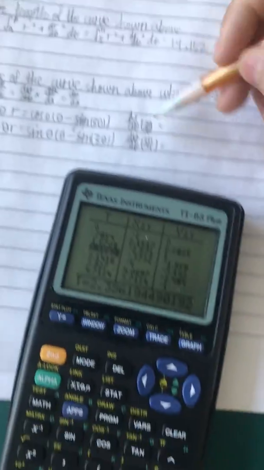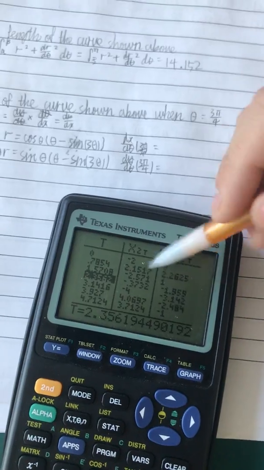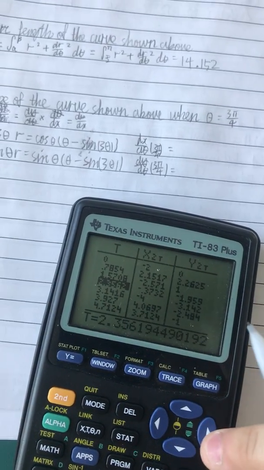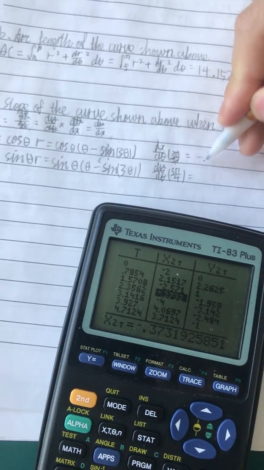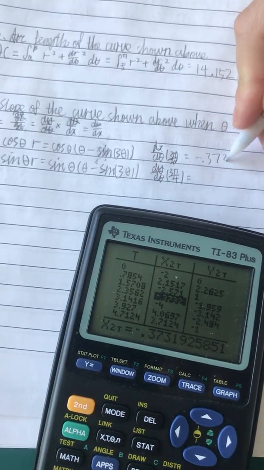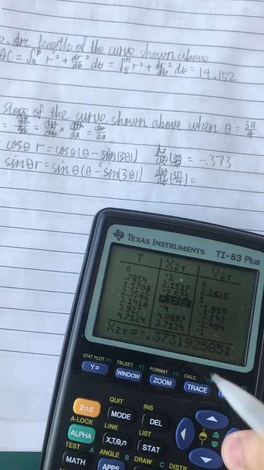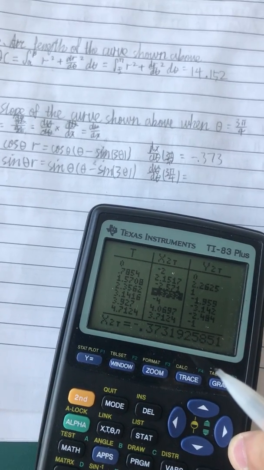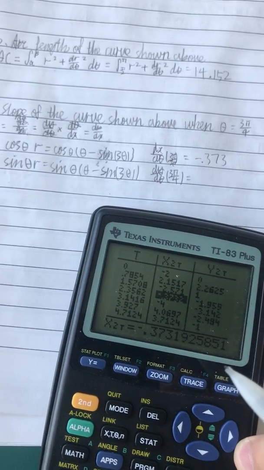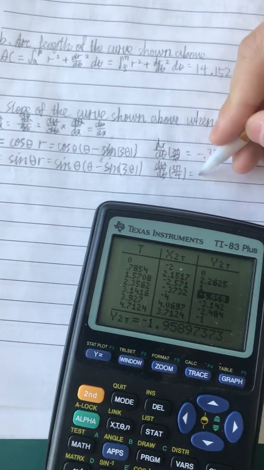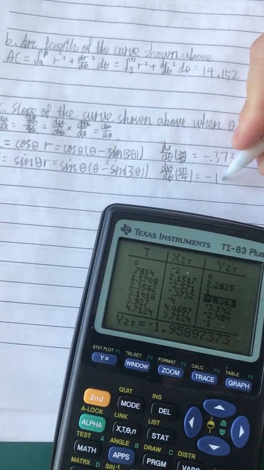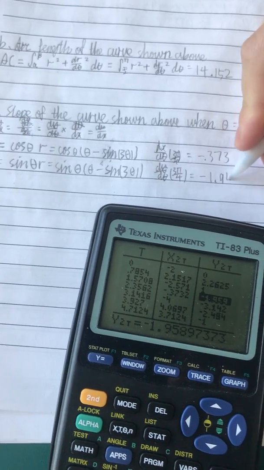So the dx d theta value at 3 pi over 4 is negative 0.373, and the dy d theta value at theta equals 3 pi over 4 is negative 1.959.